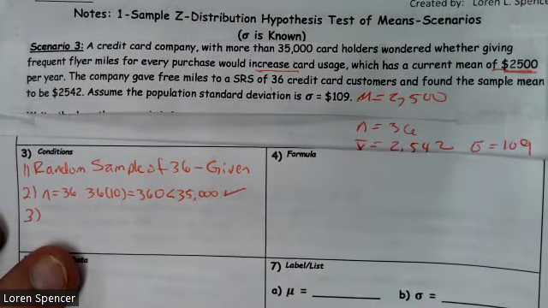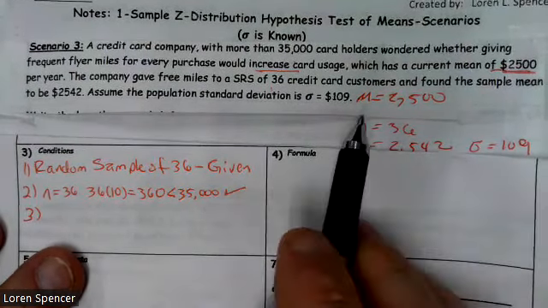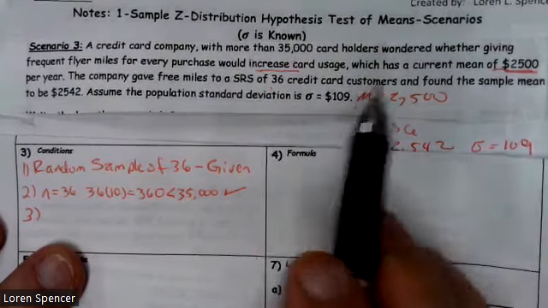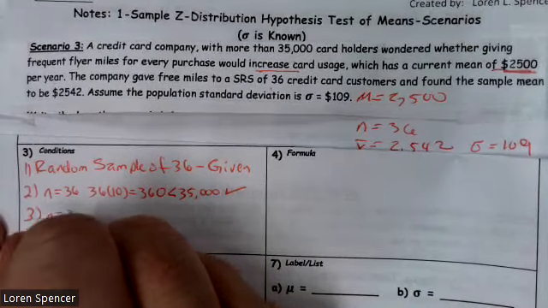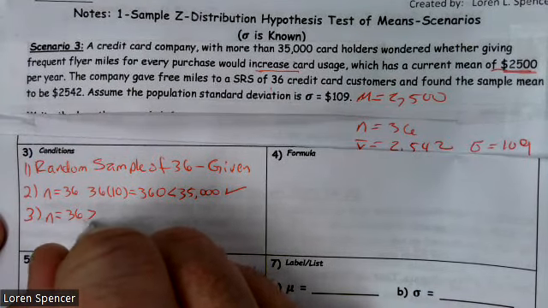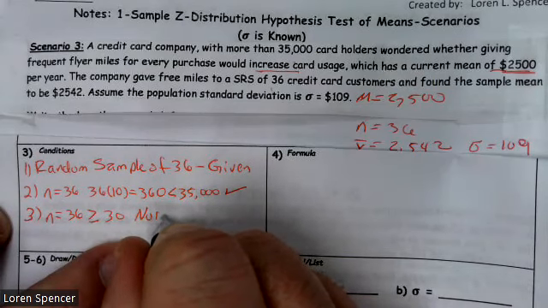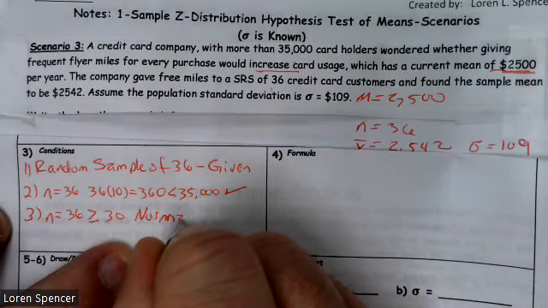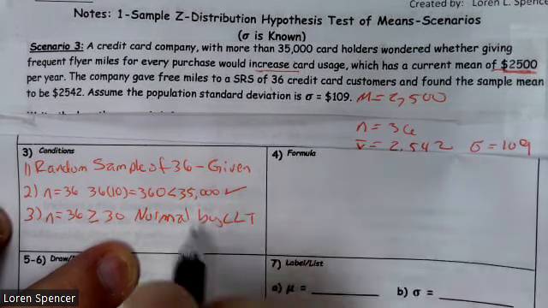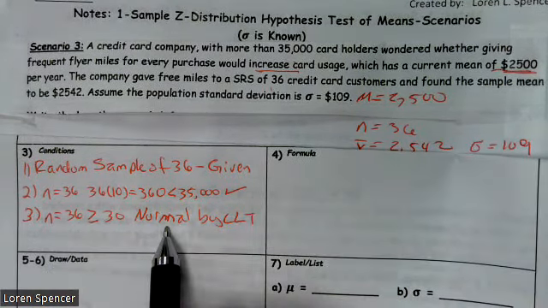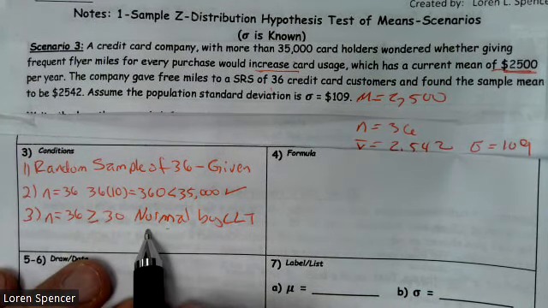The next thing is to check for normality. They didn't tell us the shape of the distribution. It could have been skewed or normal; we don't know. But our sample size is 36, which is greater than 30, so the distribution of the means is approximately normal by the central limit theorem. In some classes it's really important to write that it is approximately normal, because that's technically what it is.